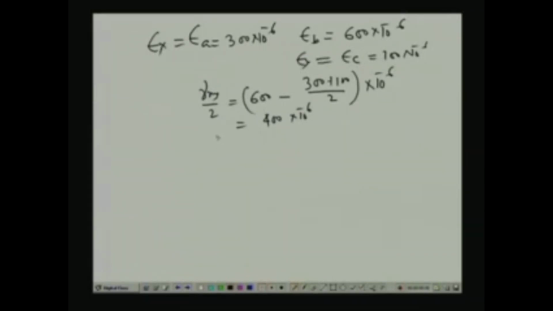Now, this we plot in the Mohr's circle, this is the epsilon axis and this is the gamma by 2 axis. We have epsilon x as 300 and gamma xy by 2 as plus 400.